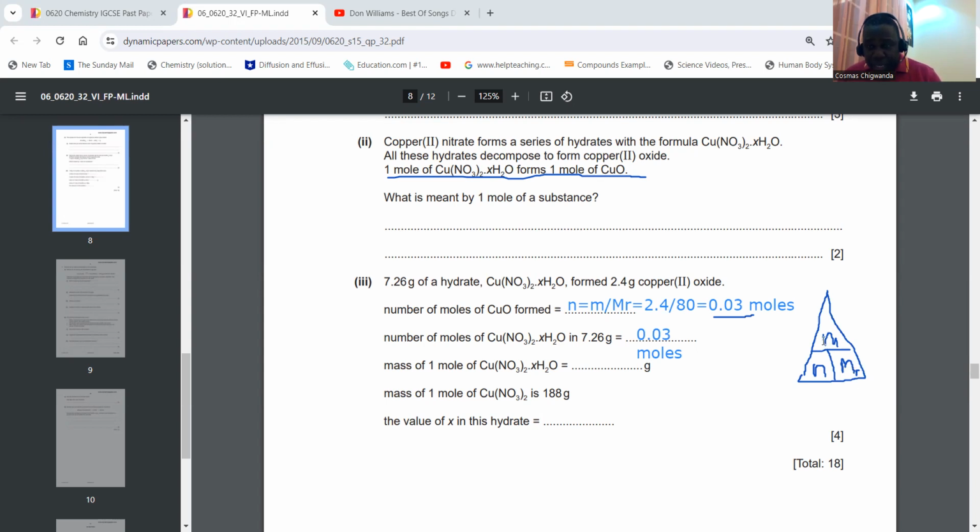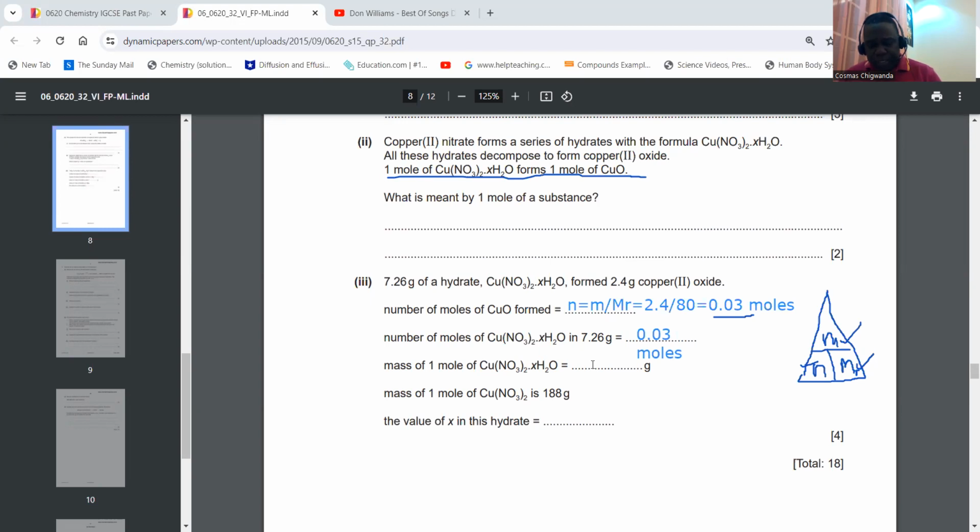Let me just tick so that you can see what I'm talking about. I want to calculate MR, so I'm going to take M divided by N. And then I will say my M is 7.26, which is the mass given, over 0.03.